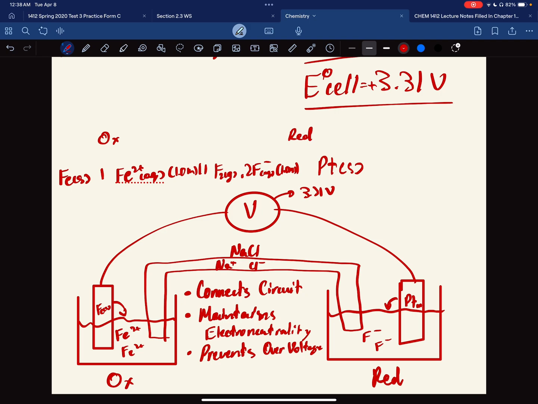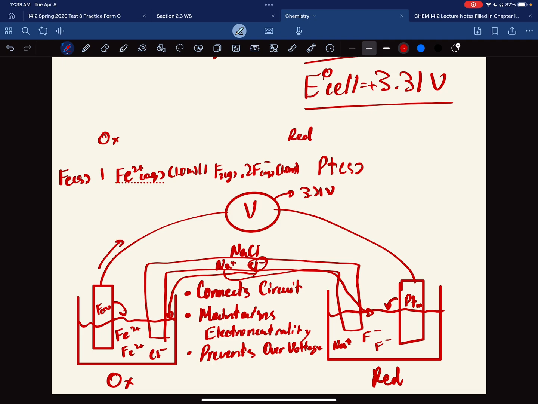So to prevent this from happening and running the cell smoothly, Cl- ions from the salt bridge will cross over into the Fe2+ solution to provide some neutrality, and the Na+ will go into the F- aqueous solution. So just write these here. This is so everything is in order, there's no overvoltage, and everything is running smoothly.